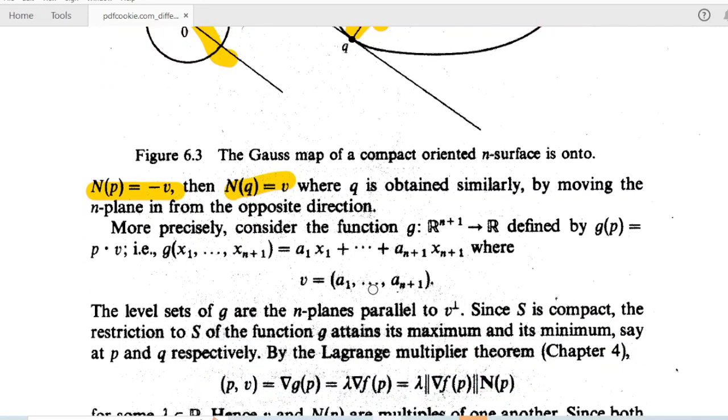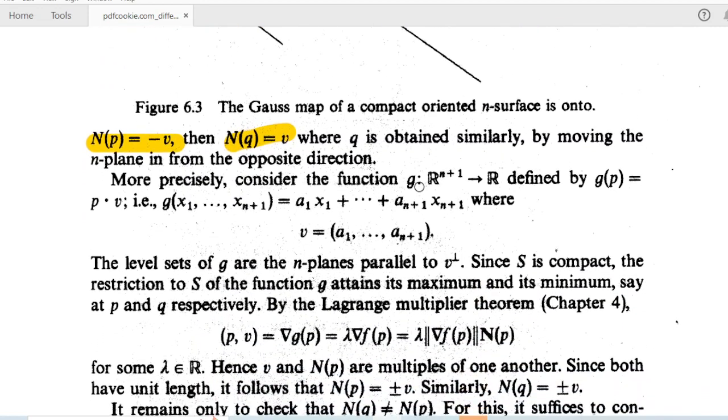More precisely, we can consider the function g from R^(n+1) to R defined by g of p equal to p dot v. This g of x1, x2, ..., x(n+1) is equal to a1 x1 plus a2 x2 plus ... plus a(n+1) x(n+1), where vector v is equal to (a1, a2, ..., a(n+1)).